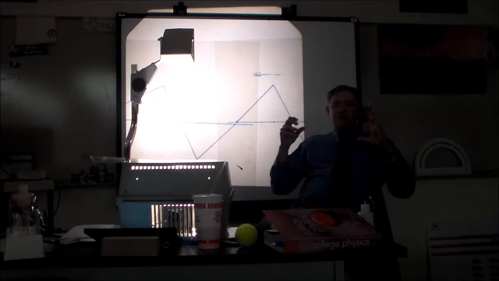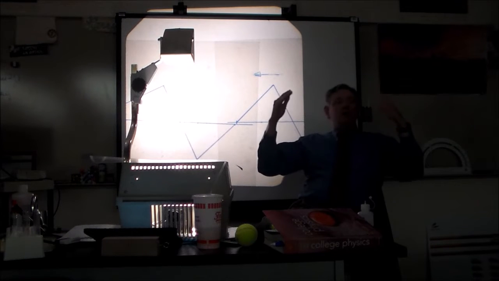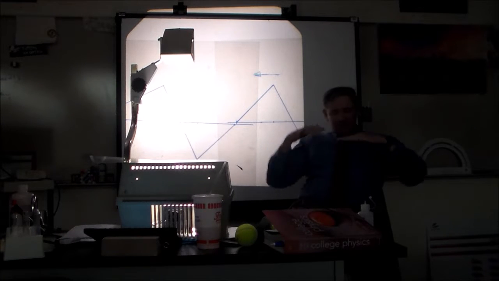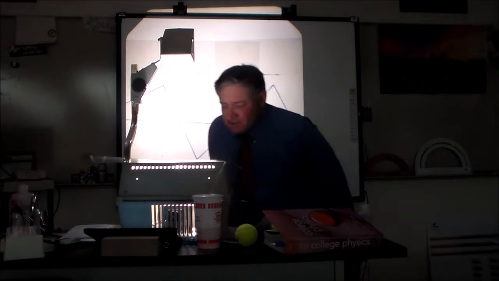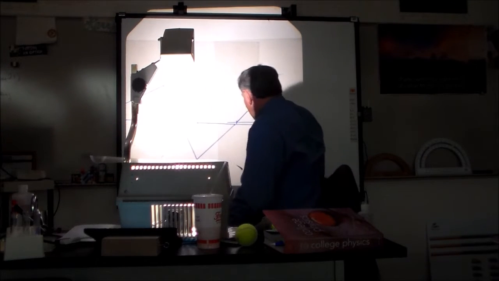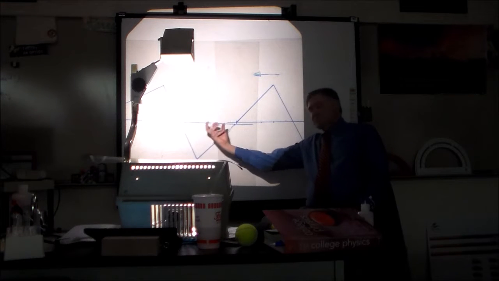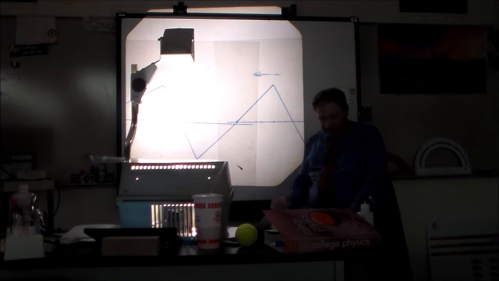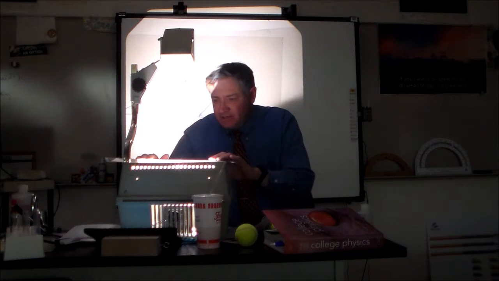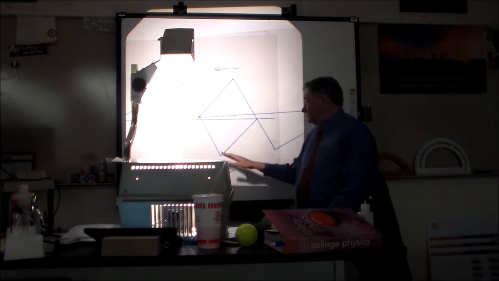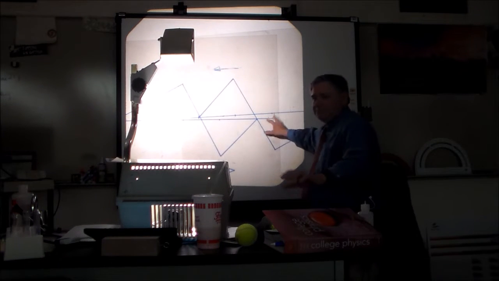So in one situation, they're going to amplify each other. The next situation, they're going to cancel each other out. Imagine that I have this wave traveling in this direction, and I have this wave traveling in the opposite direction. If you go to an extreme, and you get a situation like this, where they're exactly opposite, what would happen?